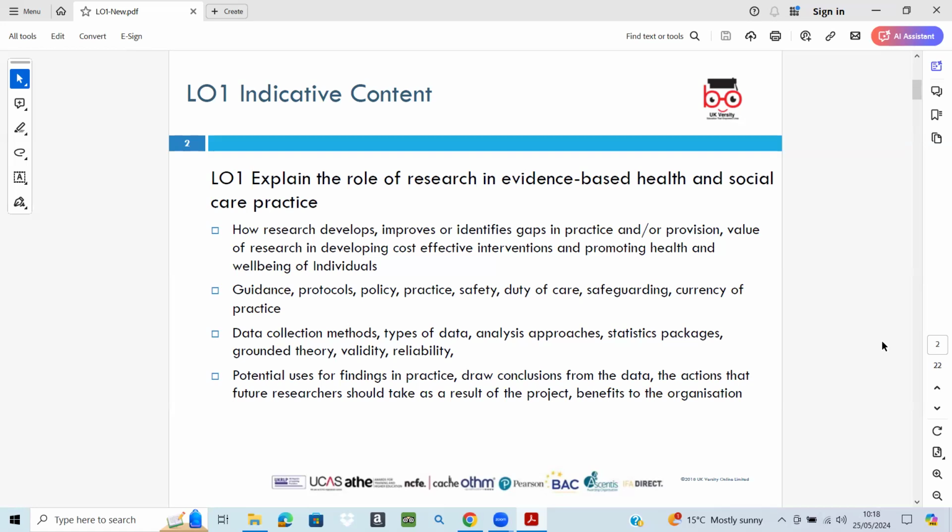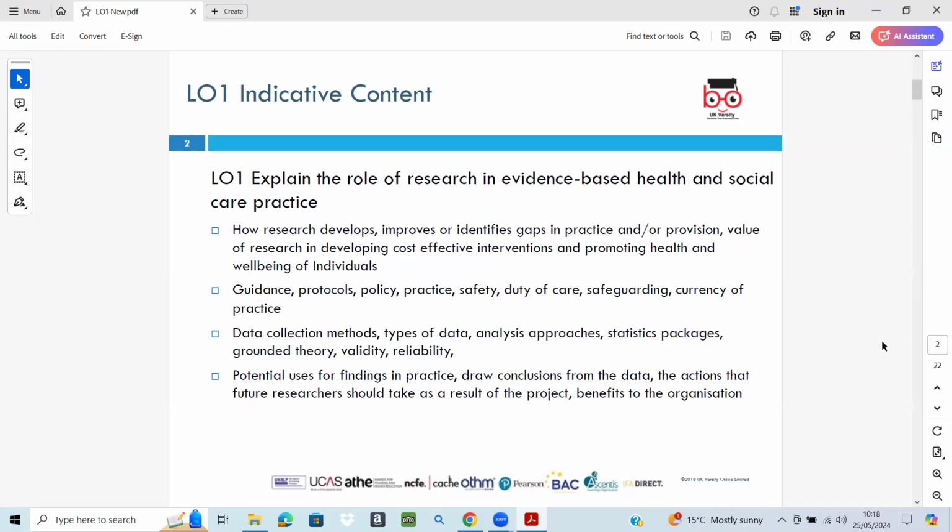Then if we discuss data collection methods, we have the types of data analysis approaches. Okay, so for the data collection methods, we have primary data collection. Primary data collection involves directly gathering data through methods like surveys, interviews, and clinical trials. Example is conducting a survey to understand service user satisfaction after surgery.